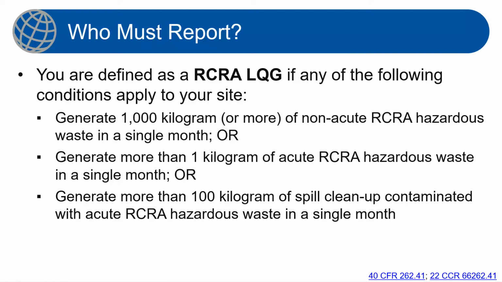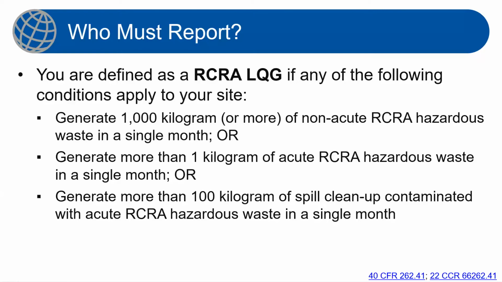So if it is an acute hazardous waste, in any calendar month in a reporting year, we generate more than that 1 kilogram, 2.2 pounds, or 1 quart if it is a liquid acute hazardous waste, we would be considered to be a RCRA large quantity generator.